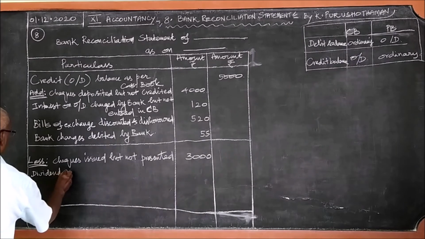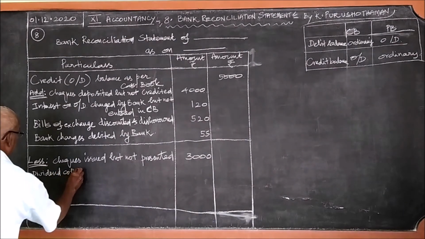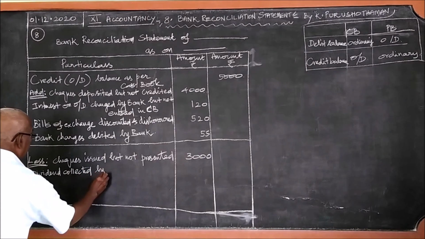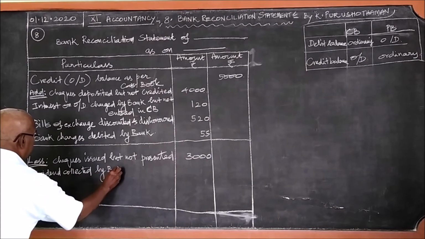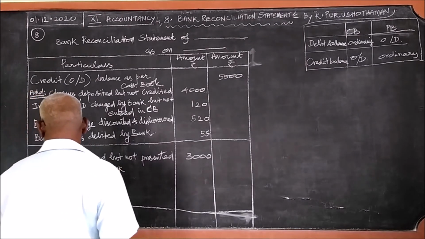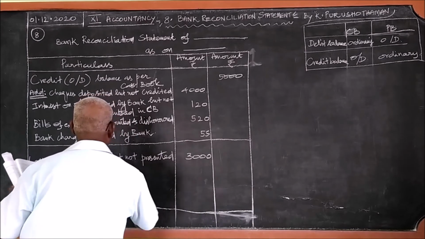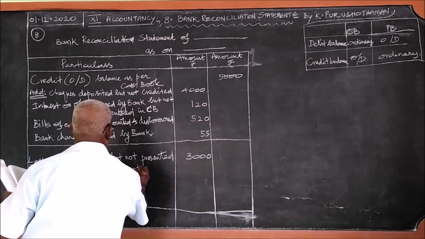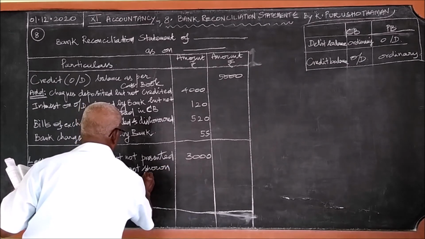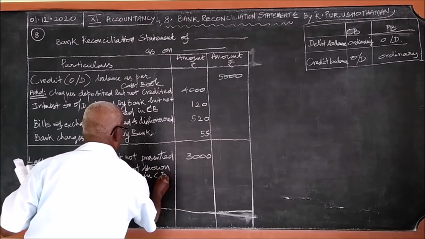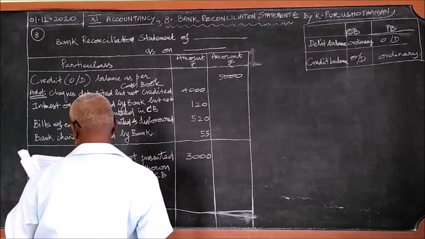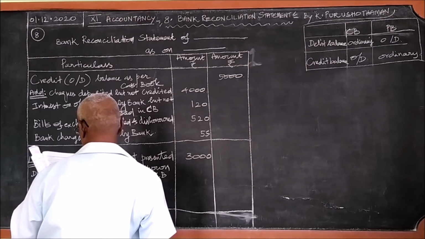Dividend collected by bank, not shown in cash book. 760.